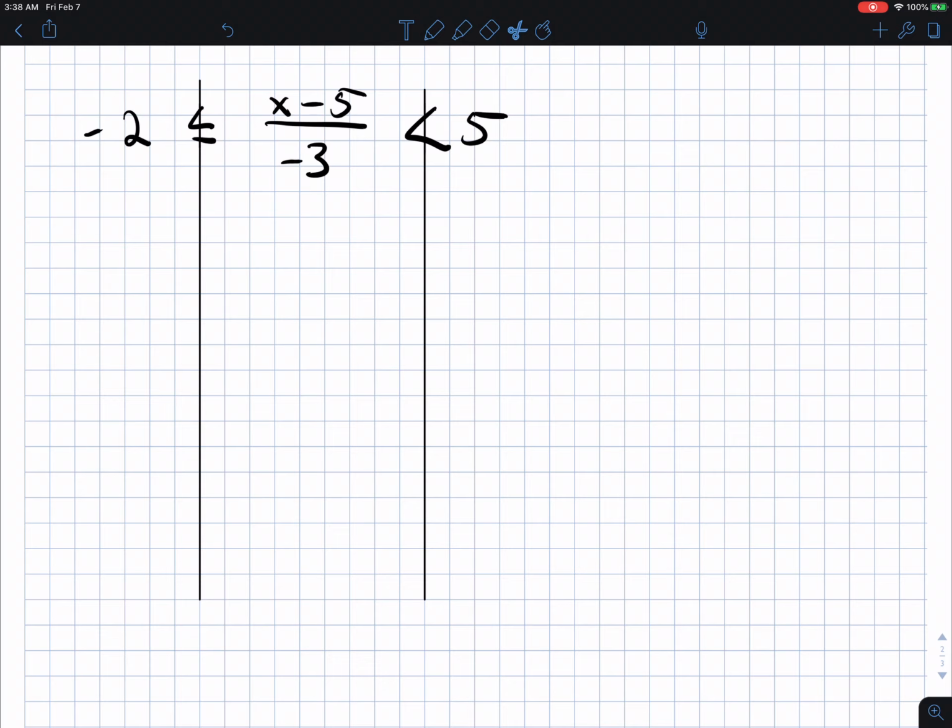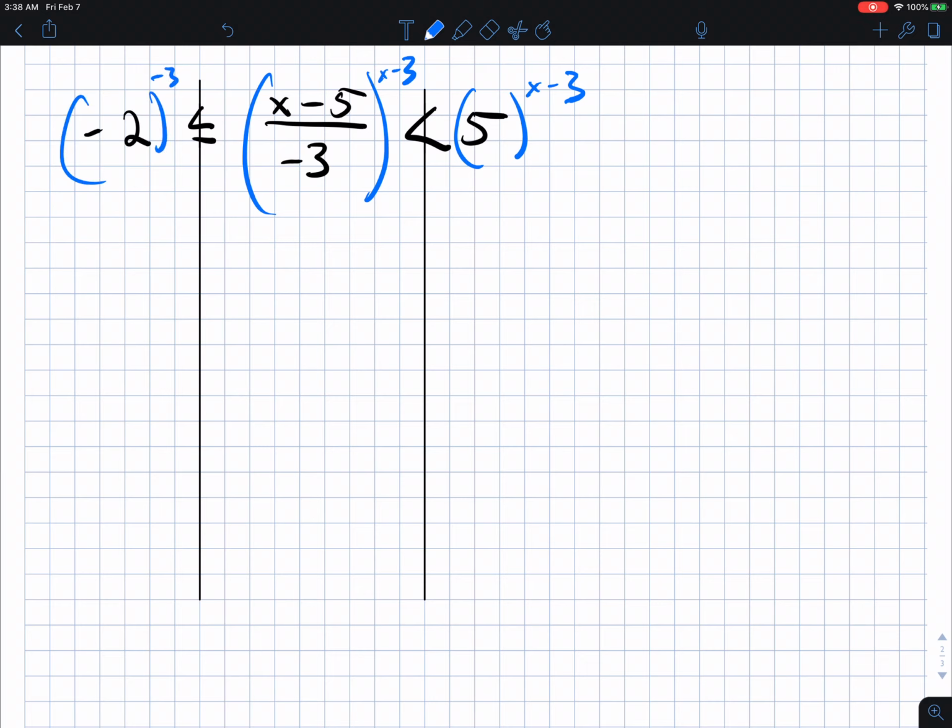For instance, if we want to move the -3 away from the x, since we're dividing by 3, we want to use the inverse operation. So what we're going to do is multiply all three parts times -3. Okay, so we're going to say this part times -3, the right part times -3, and the left part times -3.